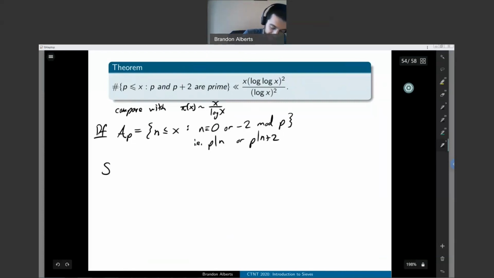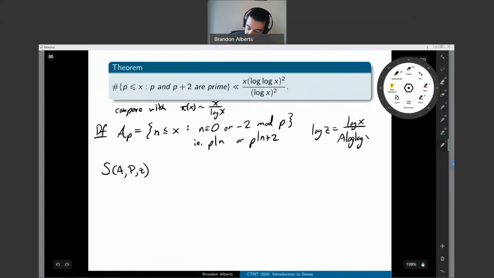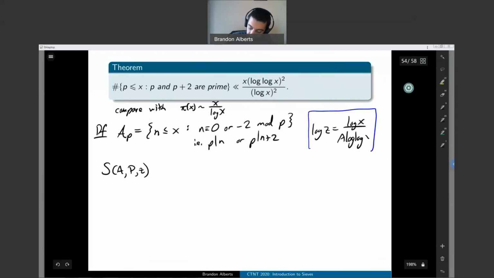Okay. So what does this tell us? Well, we've got S of A, P, z. Let's say we pick z to be our nice choice. So we already talked about how if log z is log x over A log log x, where A is sufficiently large, then we're guaranteed that the error terms are smaller than the main term.